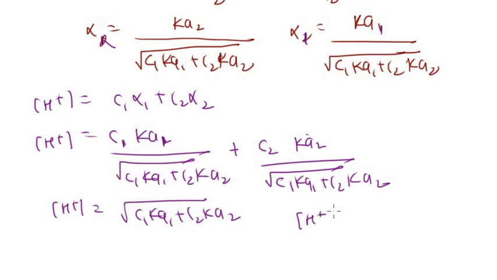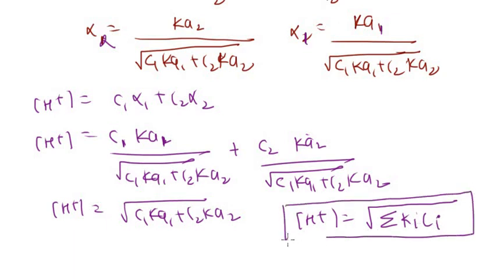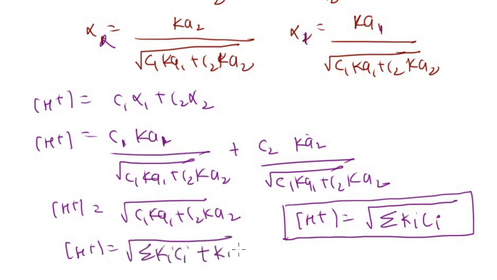So if we mix more than one weak acid, we can give the generalized formula, summation over Ki Ci. And the concentration of H plus we could give the final formula as the root of sigma of Ki Ci plus Kw, if we consider water.